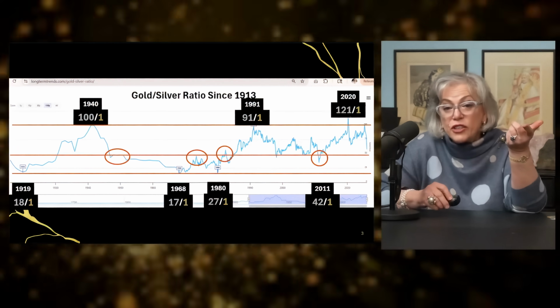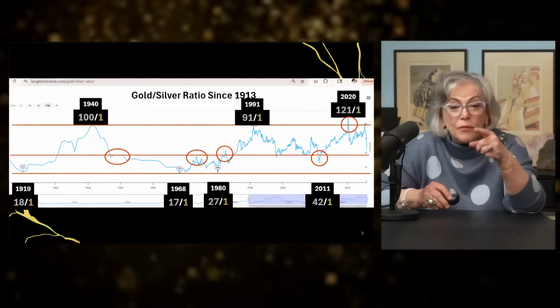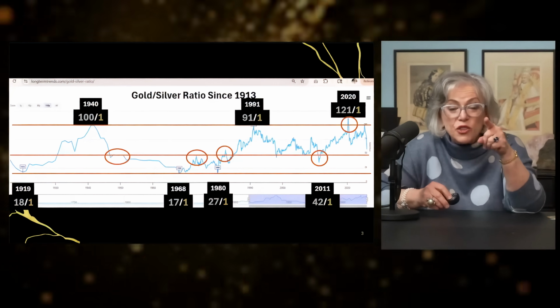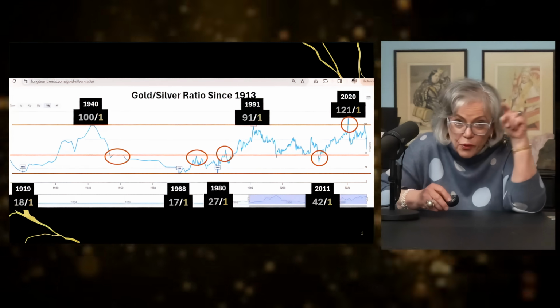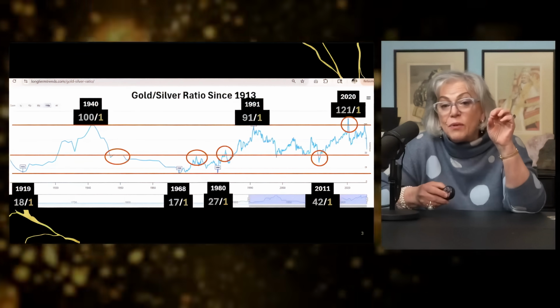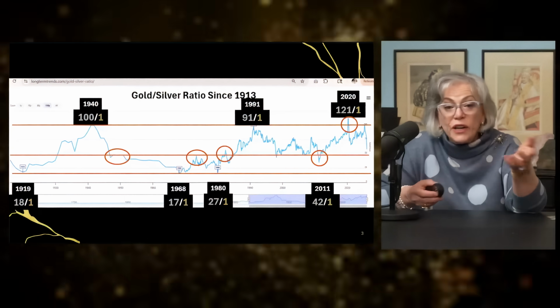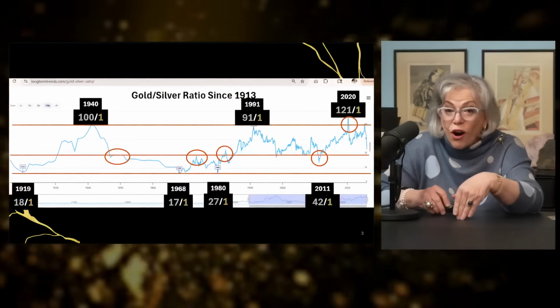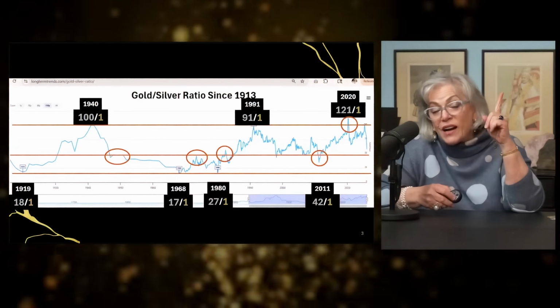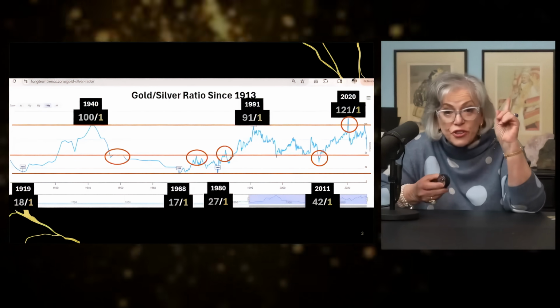As a technician, I would imagine this is telling me something, because at the same time in 2020, we broke the upper resistance level. So quite honestly, it's telling me that it could either go back down and test that 20-to-1 ratio, or it could go back up and go past that 100-to-1 ratio.